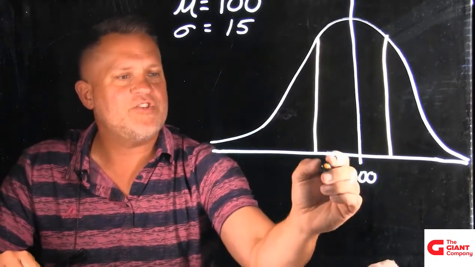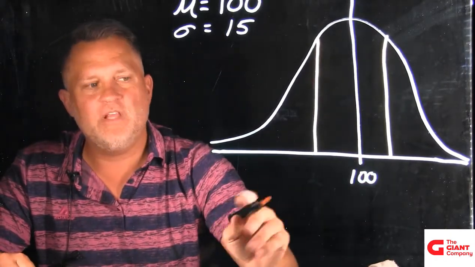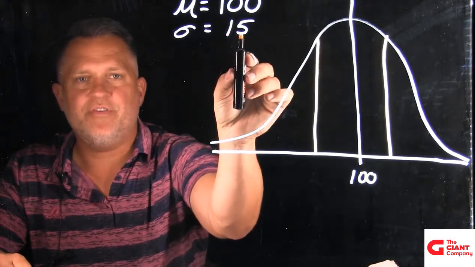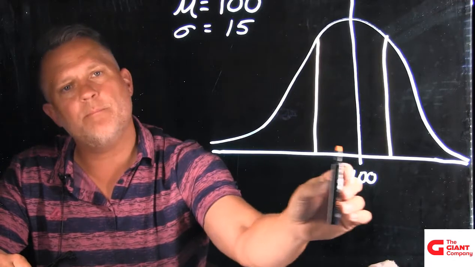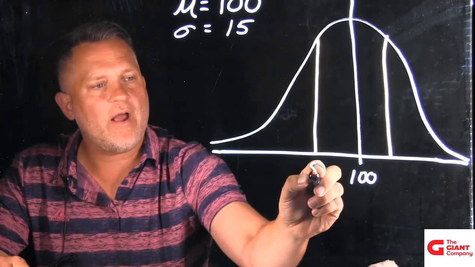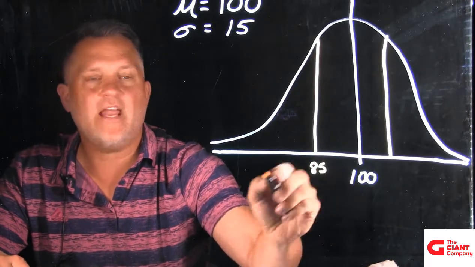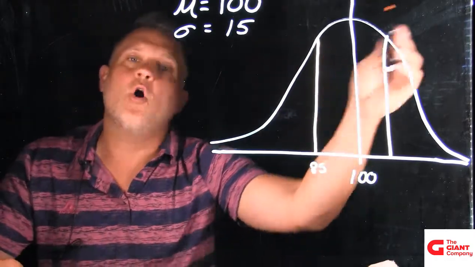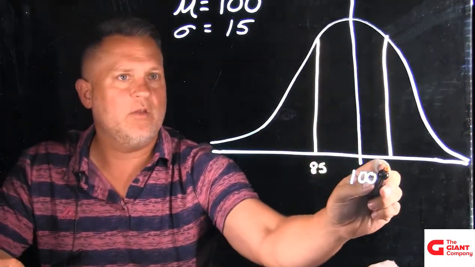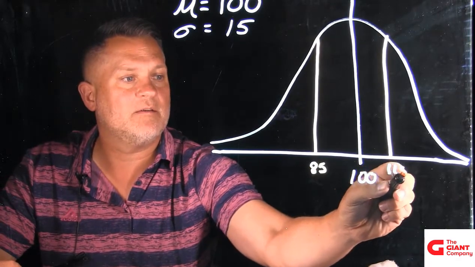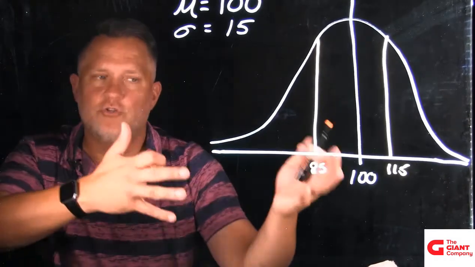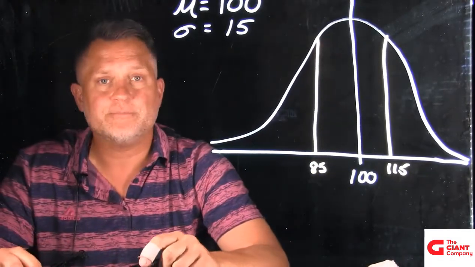So this is one standard deviation below. One standard deviation equals 15. So if we take one below the mean, this number out here is 85. 100 minus 15 is 85. If we go one standard deviation above the mean, we have 115.